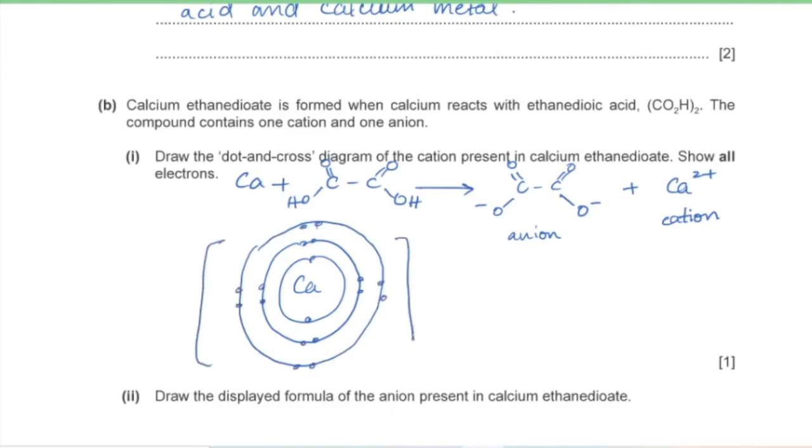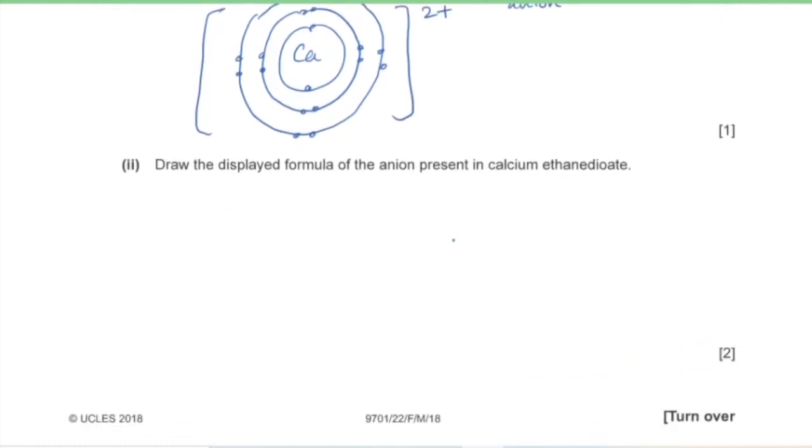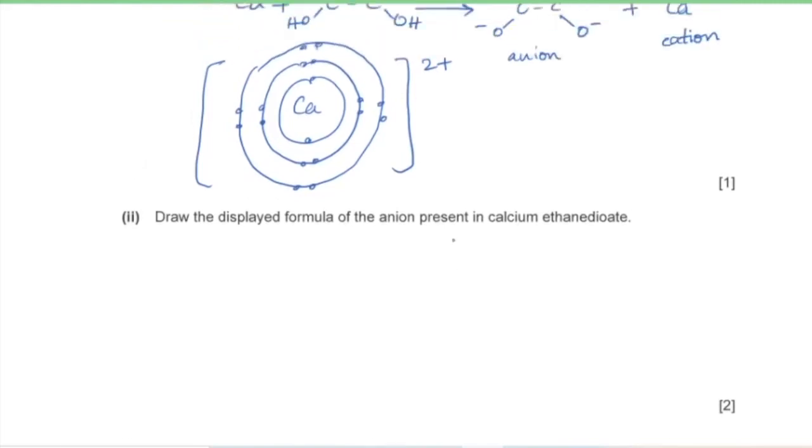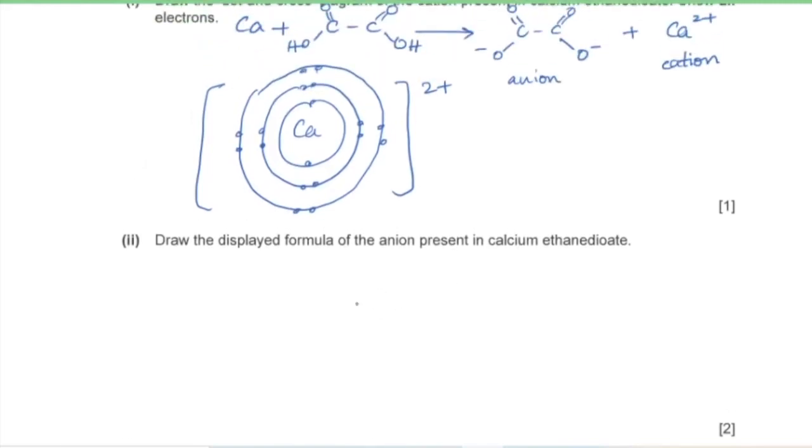You're also going to notate that with 2 plus here. Part 2, draw the displayed formula of the anion present in calcium ethane dioate. So as I told you before, this was the anion. We're going to have a negative charge on this oxygen and a negative charge on this oxygen.